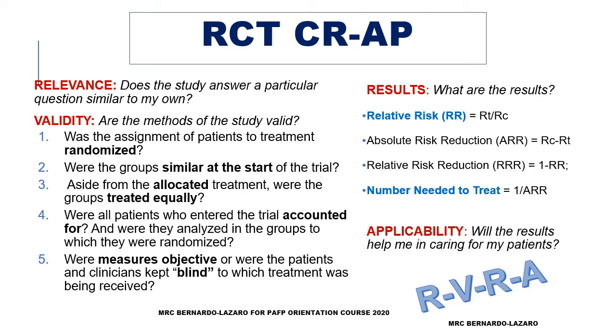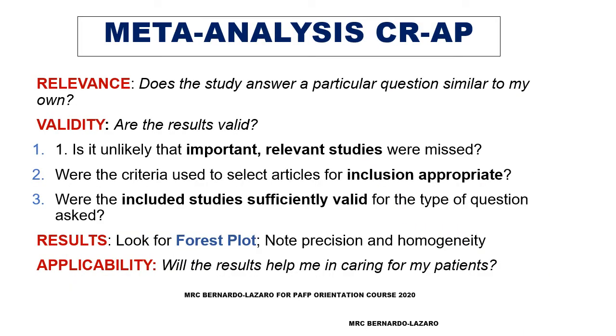Now, when there have been a lot of RCTs or other studies done about a specific intervention or exposure, you'll find more of meta-analysis or systematic reviews. These are studies of studies. In doing it, it is important that relevant and important studies should not be missed. There should be an appropriate inclusion criteria for the studies, and included studies should be sufficiently valid.